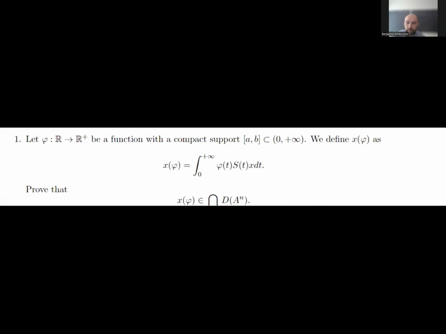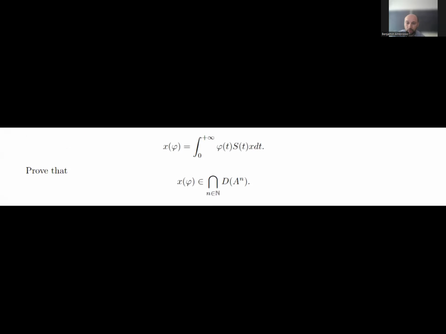If you have a C0 semigroup, then the intersection of D(A^n) for all natural numbers n is dense in X. To solve this exercise, you can do it by splitting it in two questions.